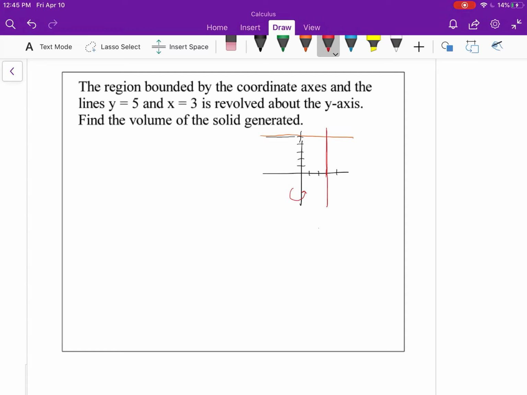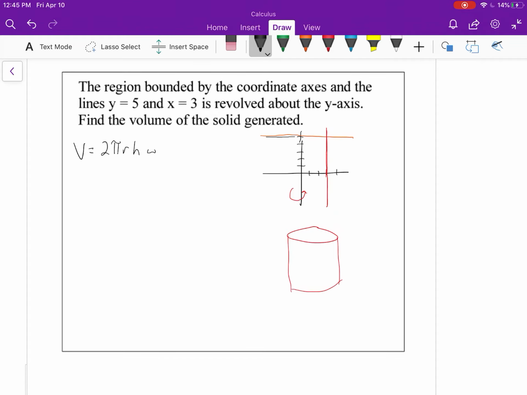So wrapped around the y-axis, and we want to find the volume. So it's going to be a cylinder, and we can easily find the volume of a cylinder just using our geometry formula, but we're going to practice this. So as we learned in the first video and from above, volume is going to be 2 pi r h times the thickness, which is dx.